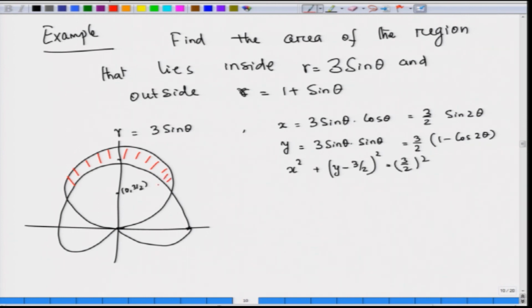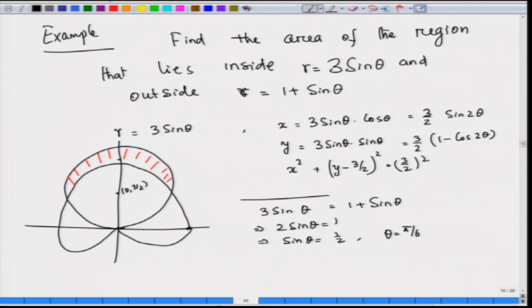As before, we need to find where they meet. So, 3 sin theta is equal to 1 plus sin theta. This implies that 2 sin theta is equal to 1, so sin theta is equal to 1 half. So, theta is equal to pi by 6 and 5 pi by 6, the regions in the first quadrant and in the second quadrant.